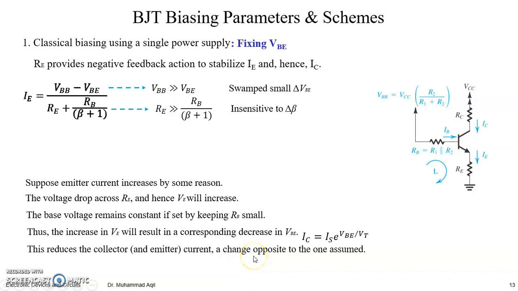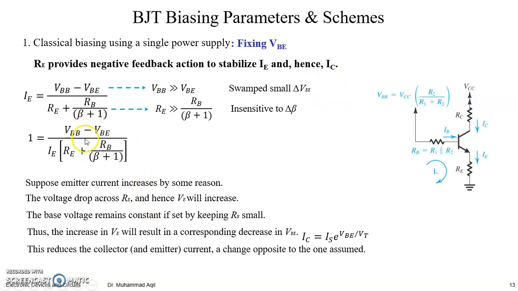So we end up with a change that is opposite to the one we assumed. We assumed that IE increases, but because all these things happen in this sequence, we are actually having a reduced emitter current. It means this RE is stabilizing this circuit. RE provides a negative feedback action to stabilize IE and hence IC.